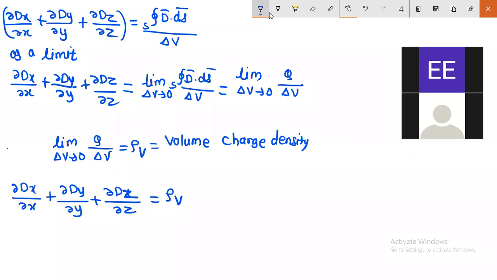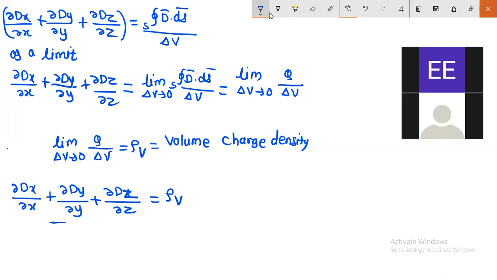So can anyone tell me what is this equation? You studied divergence, curl, gradient, right? Gradient is which type of quantity, scalar or vector? You have studied the del operator.